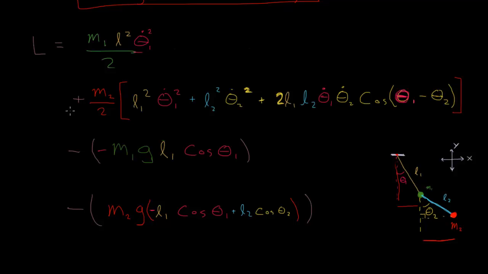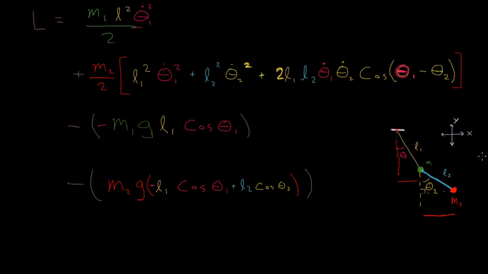So let's put this into the Euler-Lagrange formula and find our differential equations of motion. Let's first do it with theta 1.